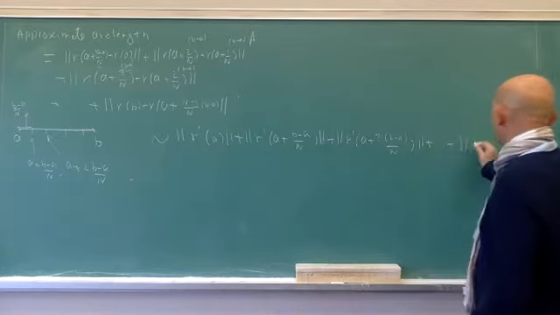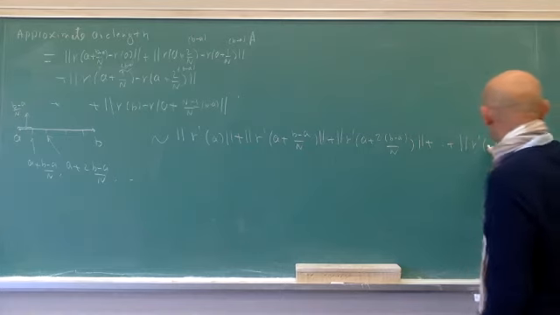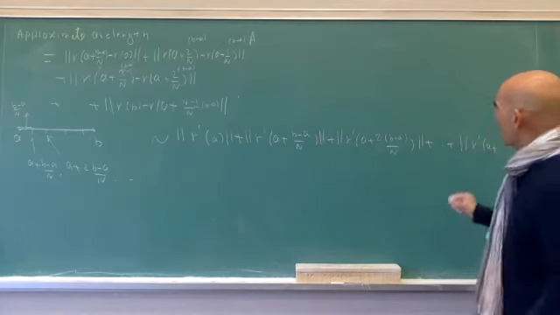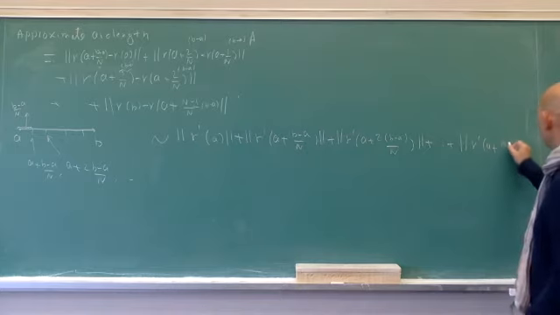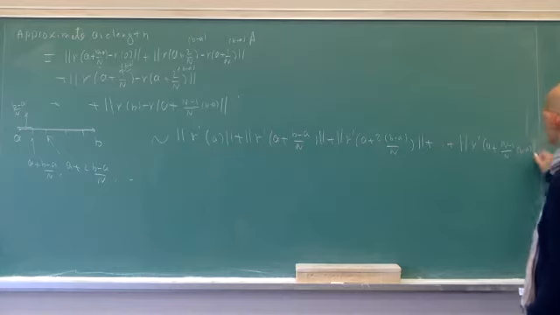And then finally, the norm of r prime at a plus (n minus 1) over n times (b minus a).